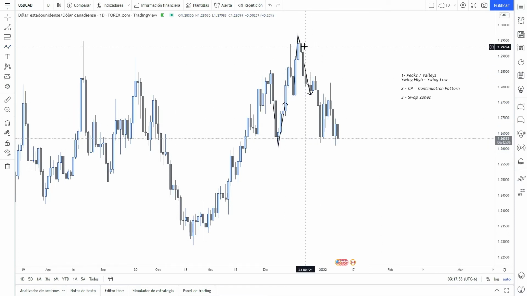These swing highs or swing lows are the strongest supply and demand levels we can find. Every time we place our order right at the peak or at the valley, we have a higher probability that we will make profit out of it.